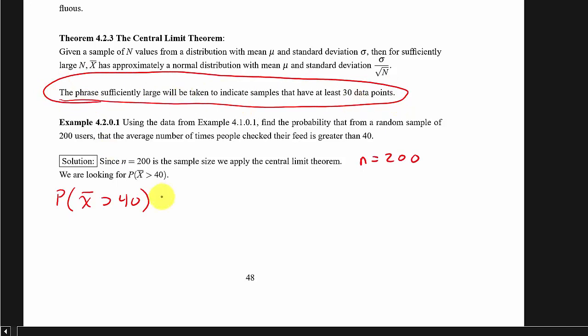So this is equal to the probability, and now let's convert this, which we did in the last section. So we've got 40 minus 32.